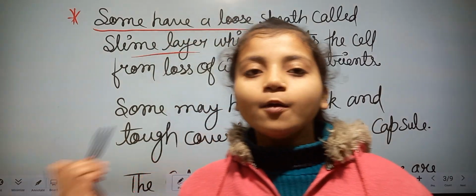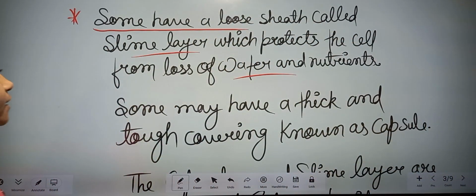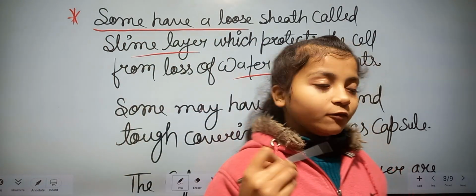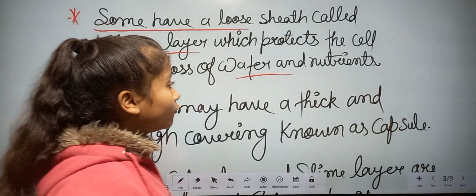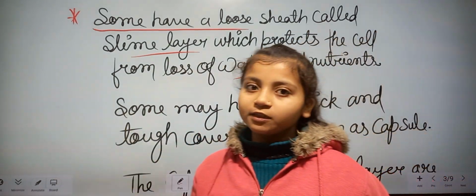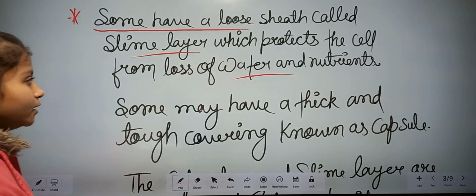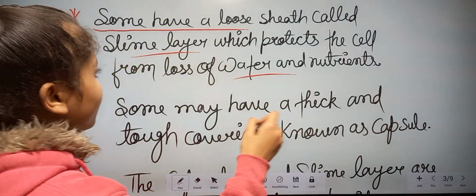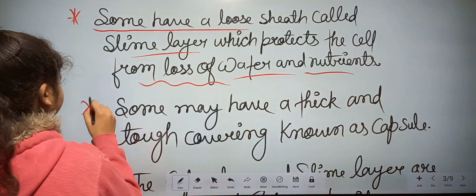It means some prokaryotic cells have a slime layer, which prevents the loss of water and nutrients from the cell.